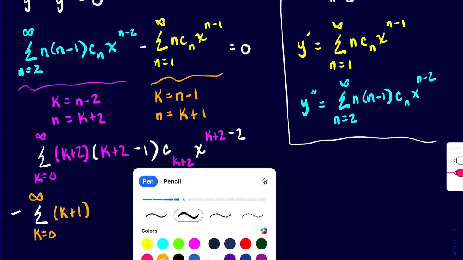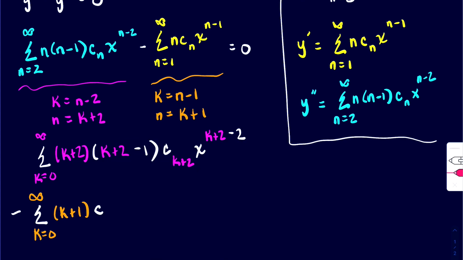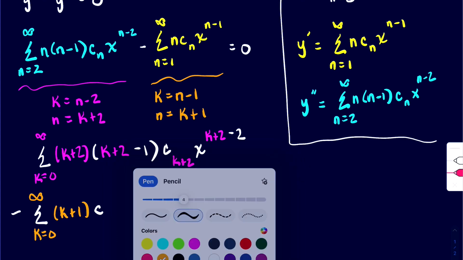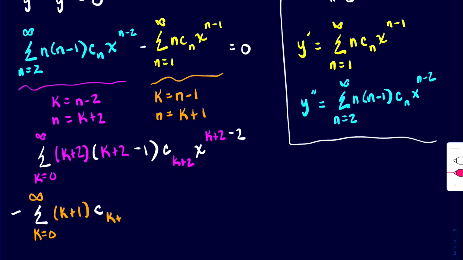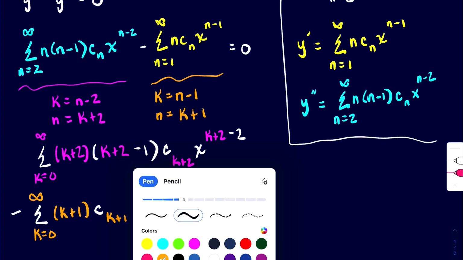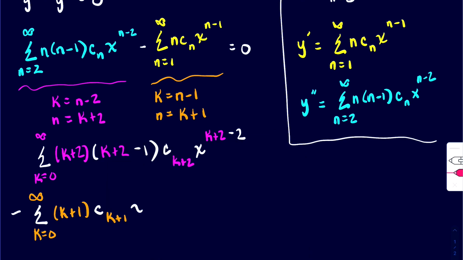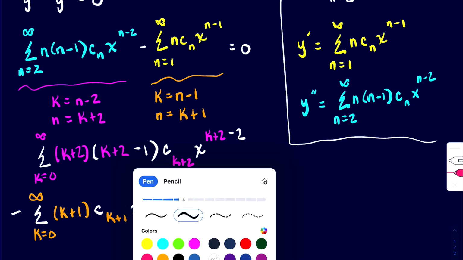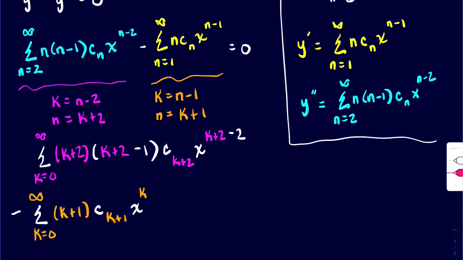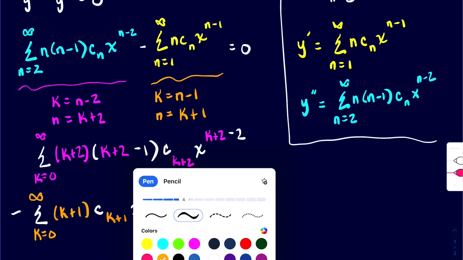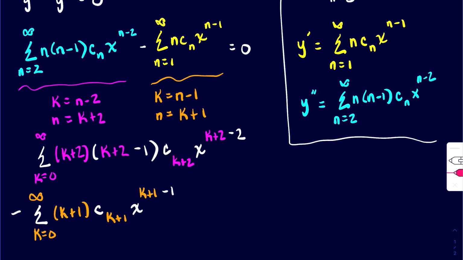We have times c sub n, so we'll put k plus 1, times x to the n minus 1, which is k plus 1 minus 1. And all of this is equal to 0.